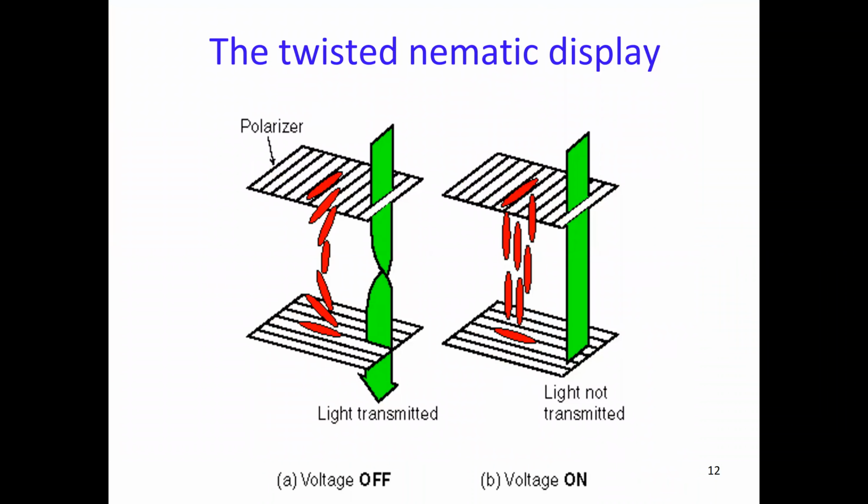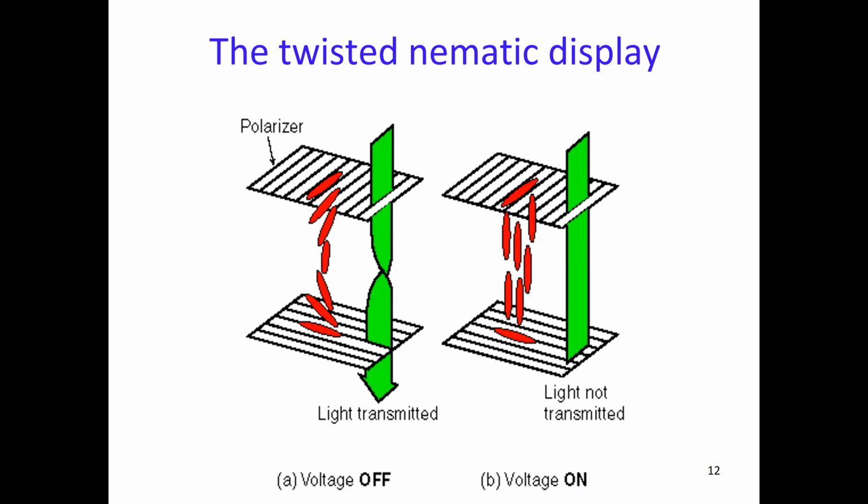Okay, now the use of liquid crystals in displays is actually quite complicated. It's amazing what's actually in these displays. The idea is this: you put the liquid crystal between two plates, and the plates are treated so that, say, on this bottom plate, the molecules want to line up in this direction shown by the black lines.